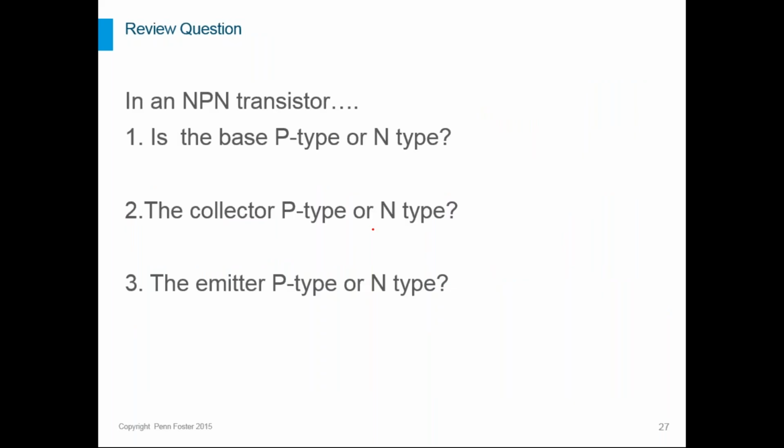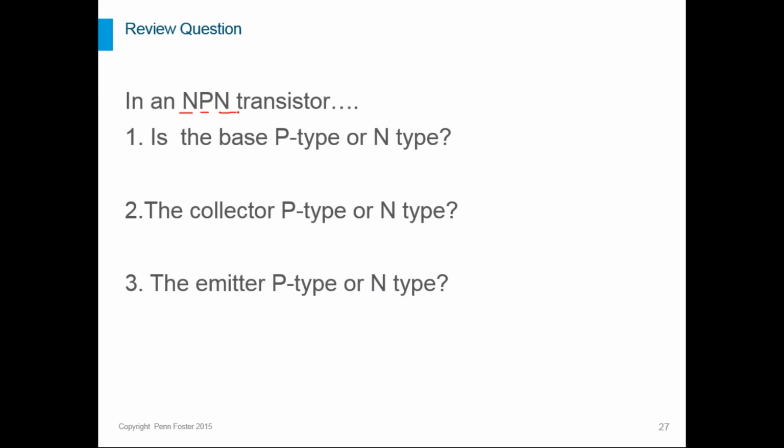All right, and one more review question. In an NPN transistor, is the base P-type or N-type? Is the collector P-type or N-type? Or is the emitter P-type or N-type? So NPN means on the outside we have an N-type, in the middle we have a P-type, and then on the outside we have another N-type.